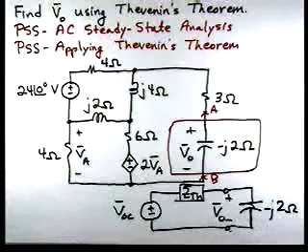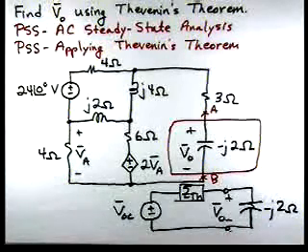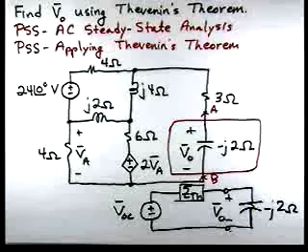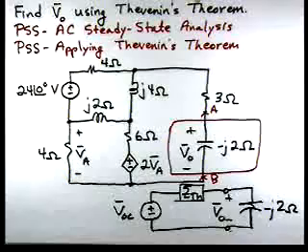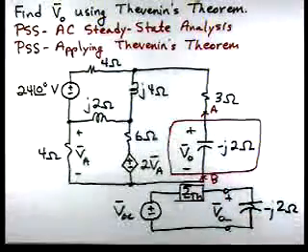So our task then is to find the open circuit voltage and the short circuit current. And the issue that we have here is the fact that we have a dependent source. So first, let's find the open circuit voltage. So now we're going to remove our minus J2.